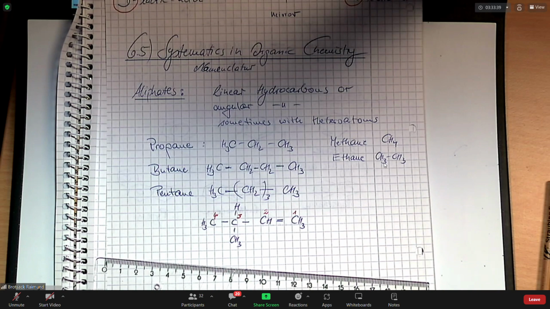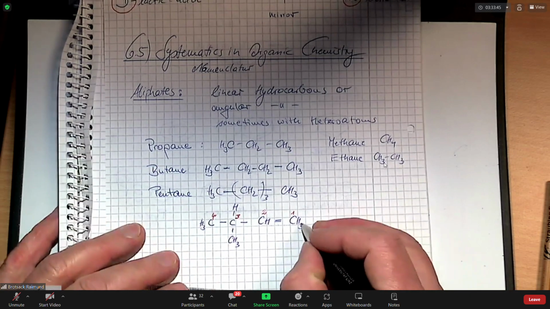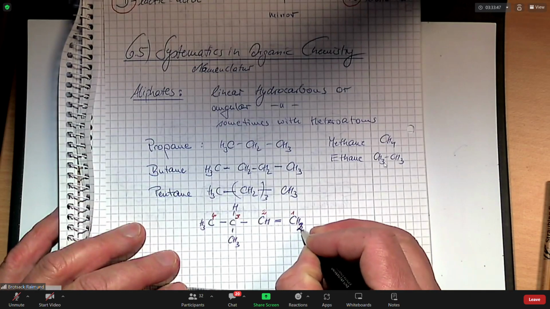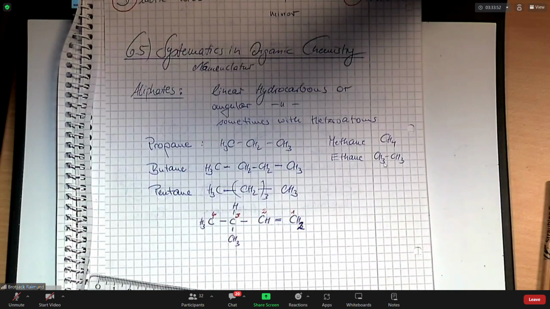Just for the last carbon on the right, shouldn't it be H2 instead of H3? You are totally right. Thank you. Very good, so that was not my aim, but it is a good check if you are aware.